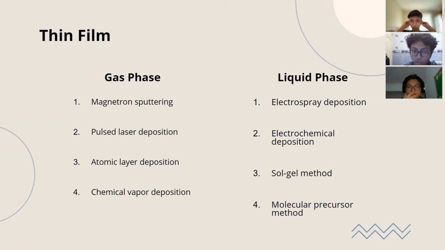In the gas phase there are magnetron sputtering, pulse laser deposition, atomic layer deposition, and chemical vapor deposition. On the liquid phase, it could be done by using electrospray deposition, electrochemical deposition, sol-gel method, and molecular precursor method.